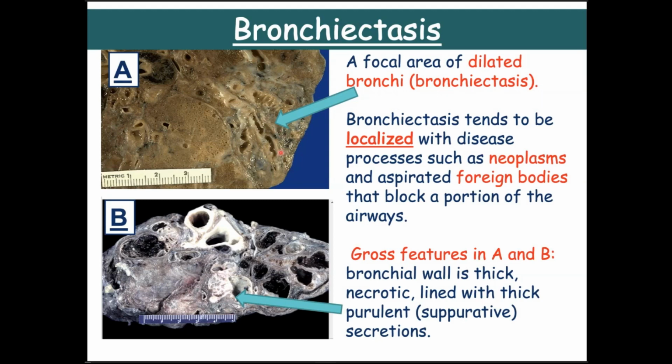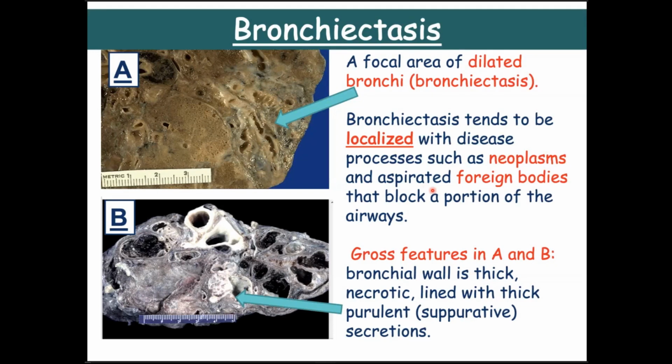It may be localized. Sometimes it involves the whole lung or whole lobe, but it may be localized. You can be asked a question: what are the conditions in which there's localized bronchiectasis? There are two conditions. Number one, neoplasm. When there's a tumor in a small part, then only that part will have bronchiectasis.